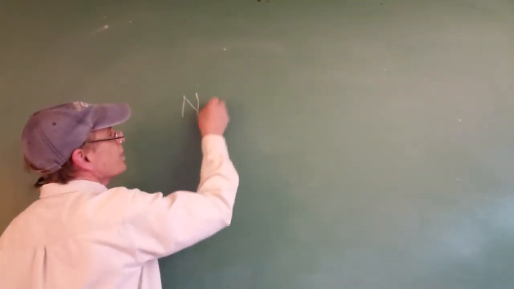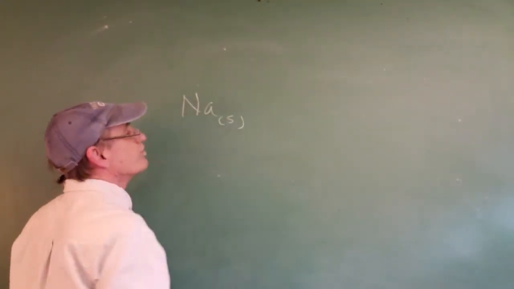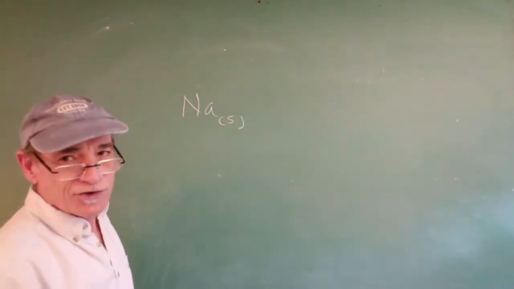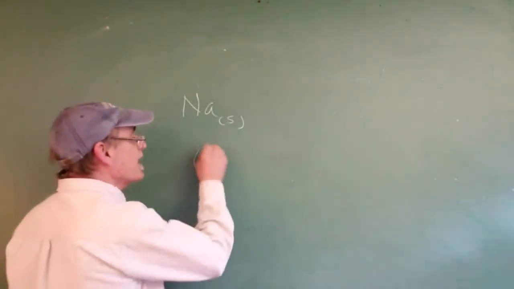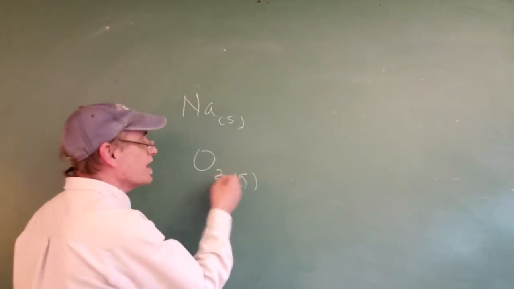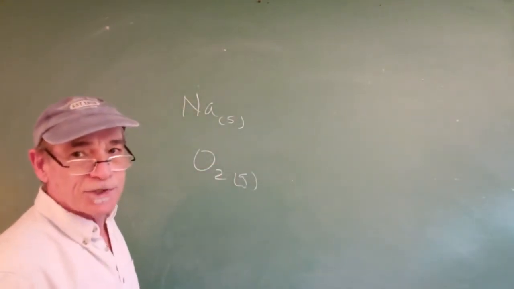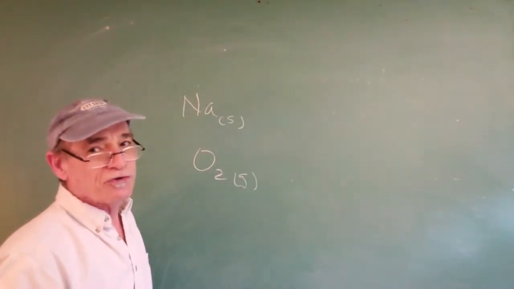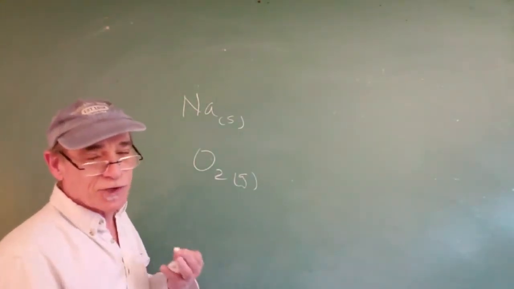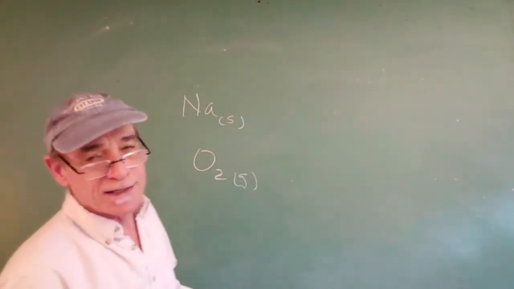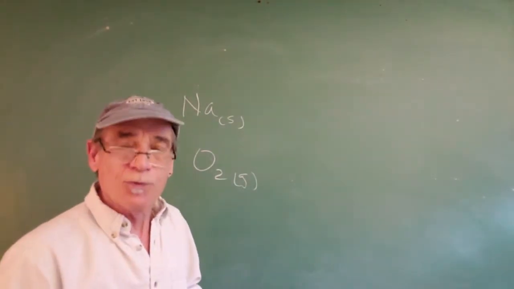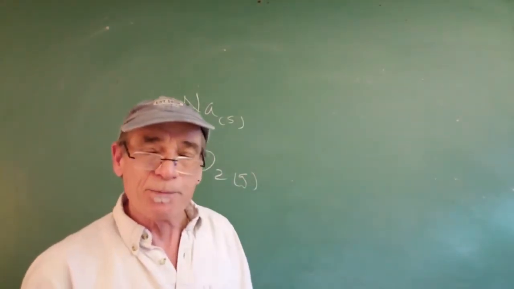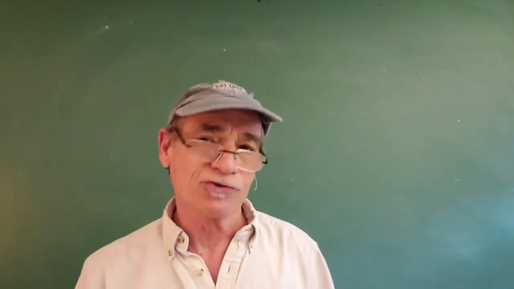For instance, sodium as a solid would have an oxidation state of 0. Oxygen gas, O2 as a gas, it's got an oxidation state of 0. But once these elements enter into a compound, it's generally because they have either lost or gained electrons and become cations or anions. All right, so with that in mind, let's look at balancing oxidation-reduction reactions.